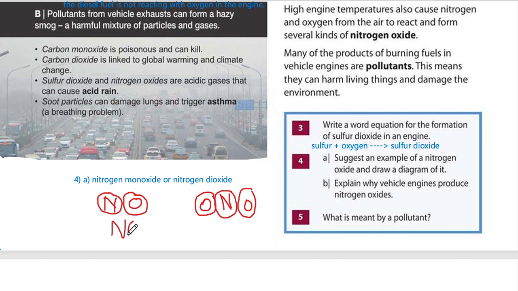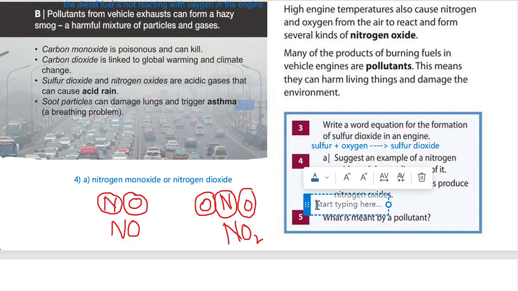Nitrogen monoxide and nitrogen dioxide. Is that clear? Yeah. Right, then the next question.